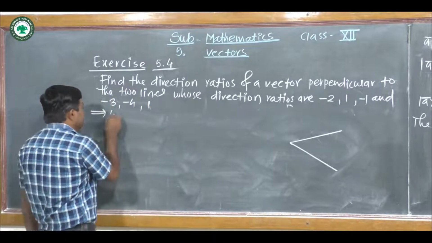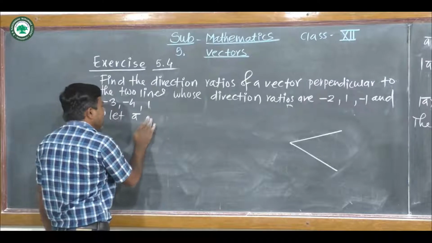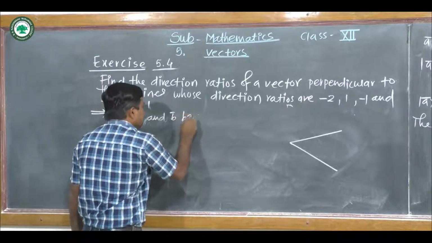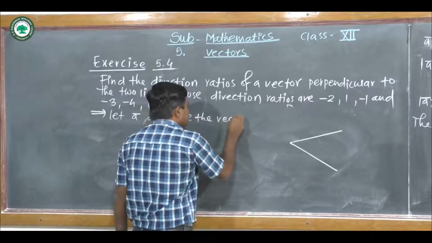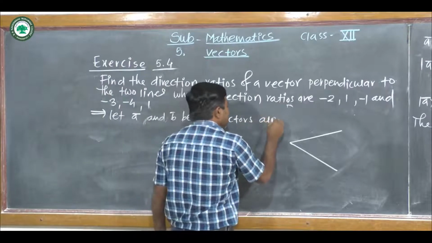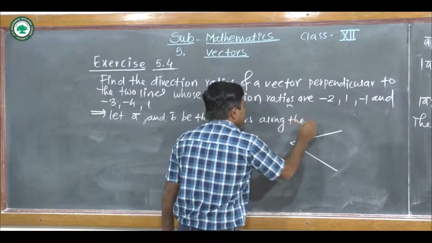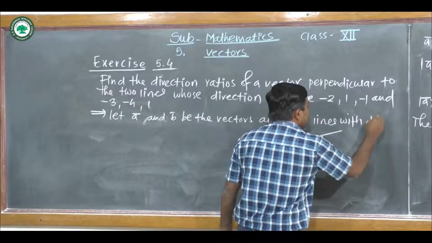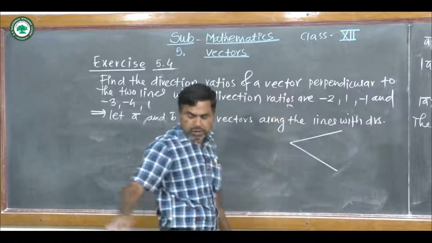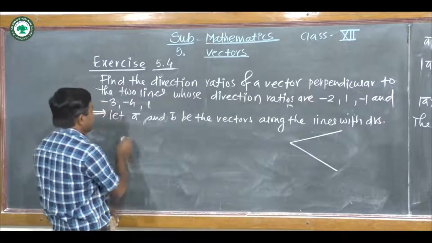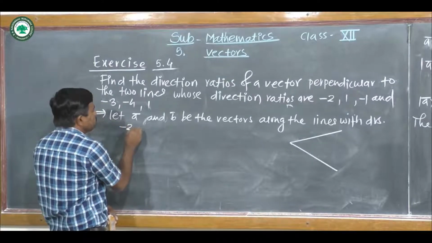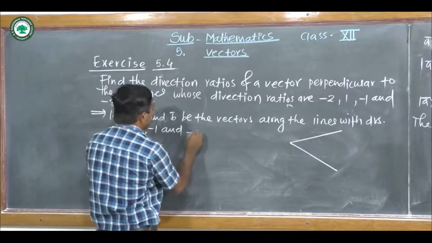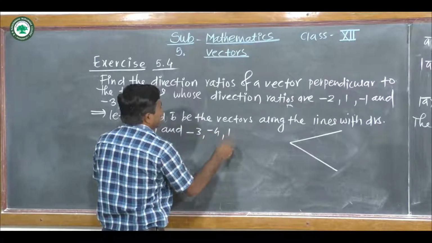So first we write, let A bar and B bar be the vectors along the lines with direction ratios -2, 1, -1 and -3, -4, 1.